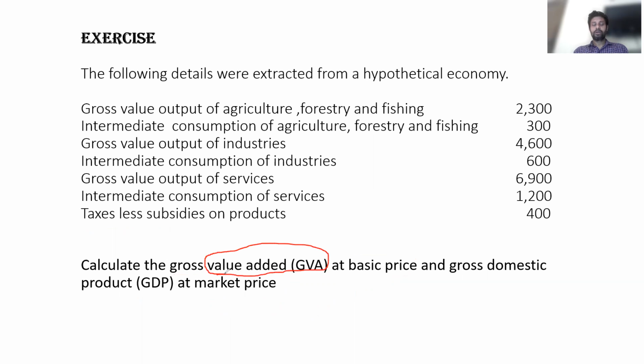First of all, intermediate consumption is subtracted from gross value output. If so, we will calculate the genuine or accurate output of each and every section. It's like this. GVO minus IC, then the answer should be gross value addition.